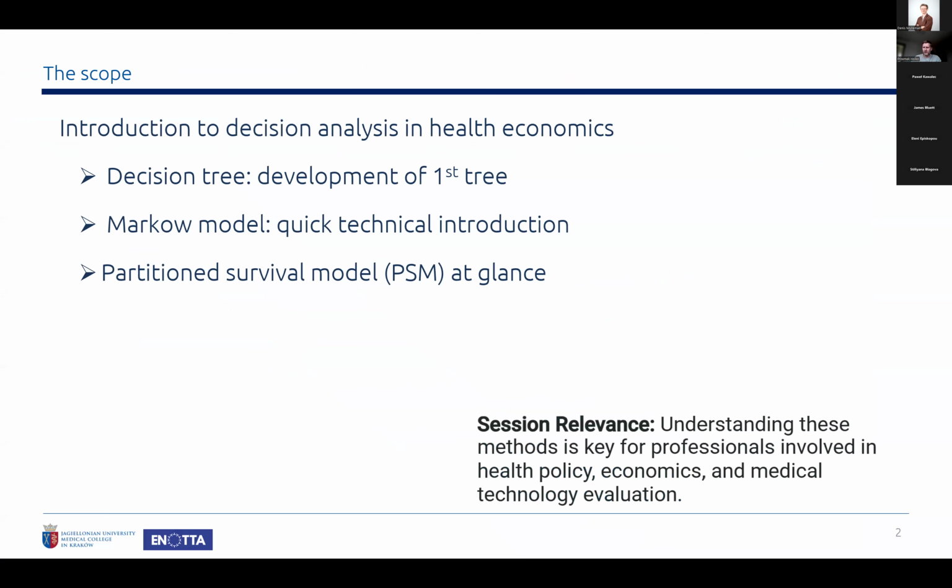In this introductory session, we will cover decision analysis, including how to create the basic decision tree to estimate the expected costs, the expected outcomes. I will also introduce Markov models and finish with the very quick, very short overview of partitioned survival models.